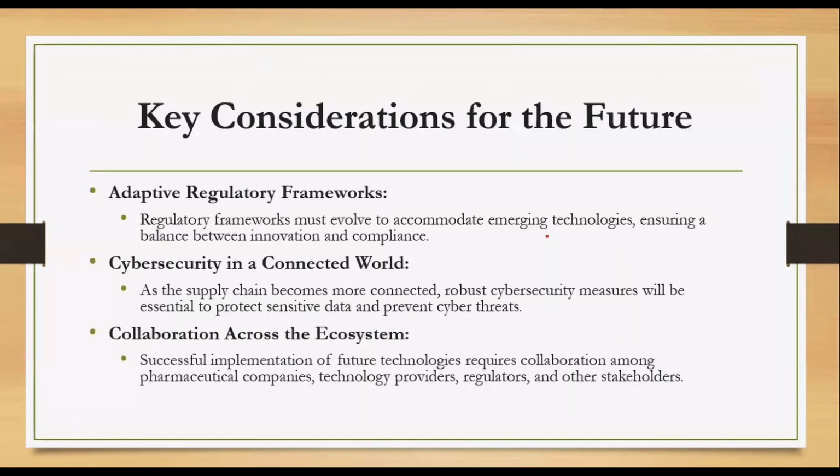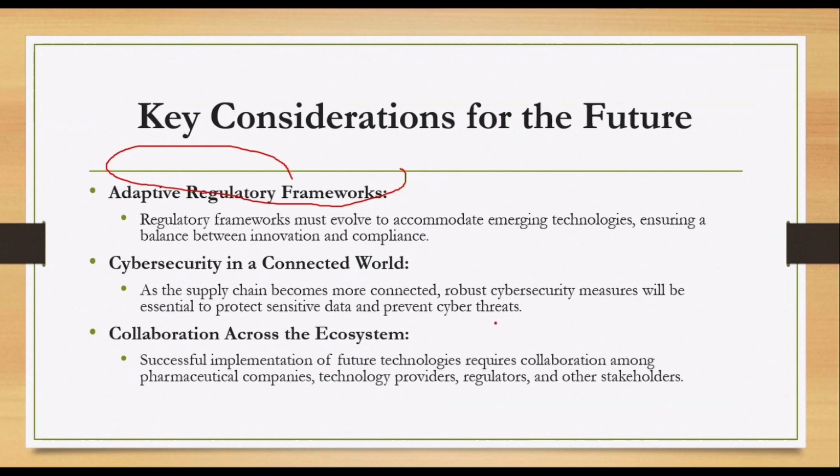So what are the key considerations for the future is adaptive regulatory framework. This is very important. So this is going to accommodate new technologies and how to develop a further compliance to the regulatory tips. Then cyber security in current world. Cyber security is again how you are going to look at robust cyber security.